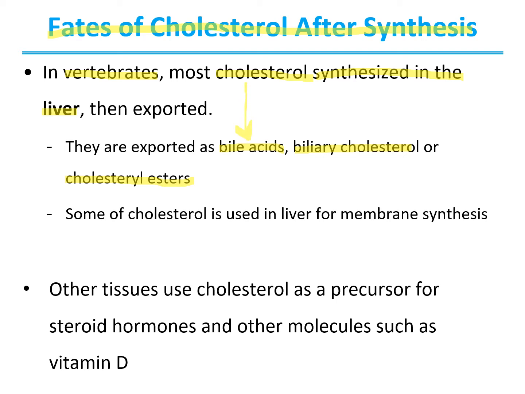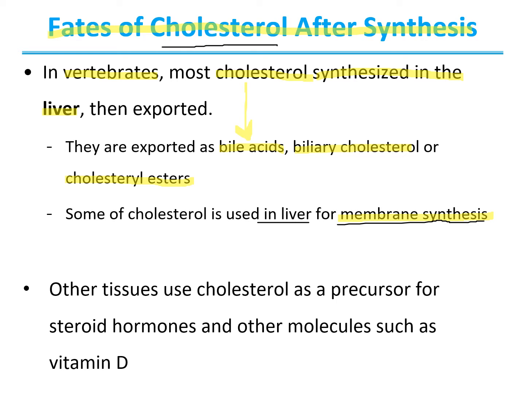Some of the cholesterol is also used inside the liver, and the main purpose is membrane synthesis. So its use in the liver is for the synthesis of some membranes. Do remember, guys, one important function is that it takes part in the synthesis of the membrane of cells and of the organelles inside the cell.